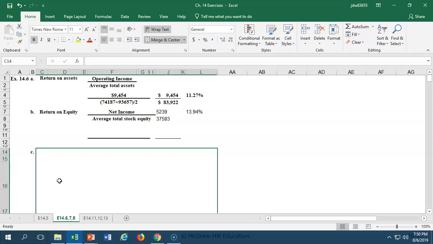A net loss decreases retained earnings. But in this case, it was net income. There's actually net income, so I don't know if that would be it.